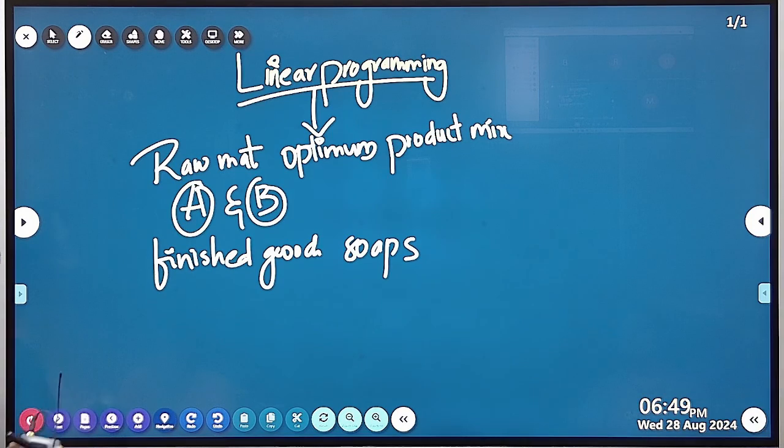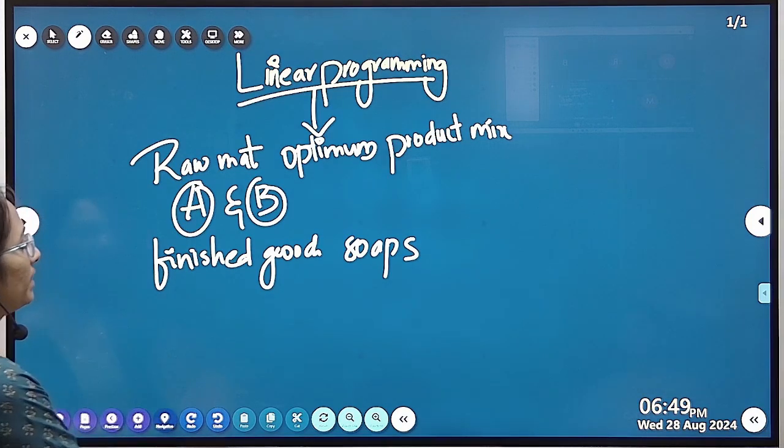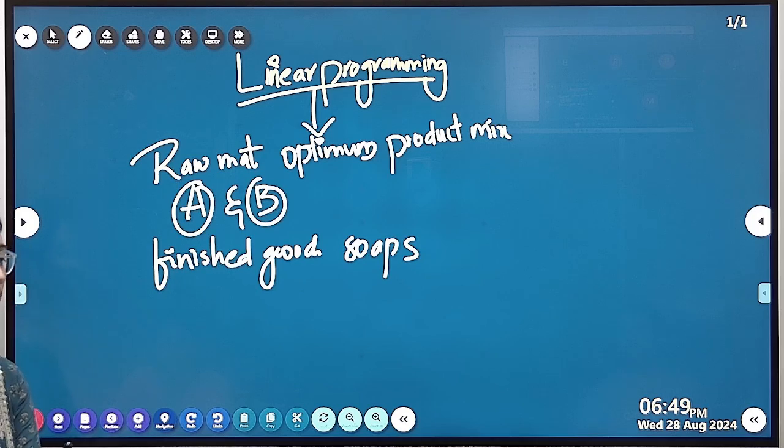Okay. So now we have the raw material and the finished goods. We want to know whether the raw materials are limited or unlimited. We are following the LPP to mix the raw material to produce a finished good, but will that raw material be sufficient to produce this finished good?